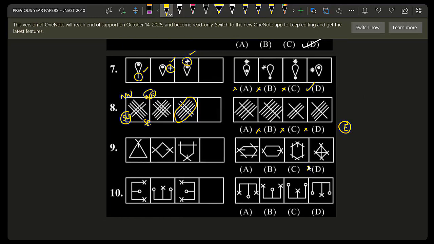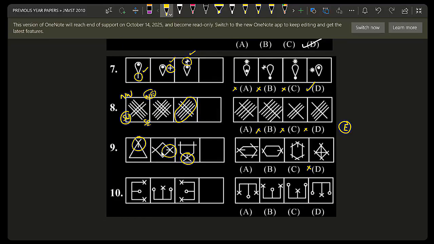And what is happening at the corners? Okay, so let us look at this. Here they're having one pattern. That pattern went from north to east and east to south. From south, we now expect it to go west.